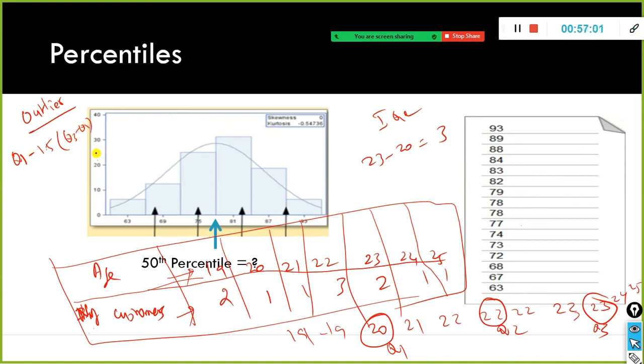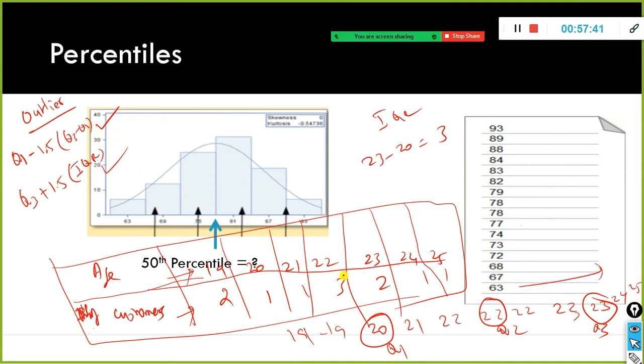See, a potential outlier is any observation that falls beyond 1.5 times the IQR, that is any observation less than lower quartile minus 1.5 into upper quartile minus lower quartile. And anything greater than this, for example, Q3 plus 1.5 into IQR. Instead of saying Q3 minus Q1, you can say IQR, isn't it? So if you want to find out the outlier on the left side, you need to use this one. If you want to find out the outlier on the right side, you need to use this equation.